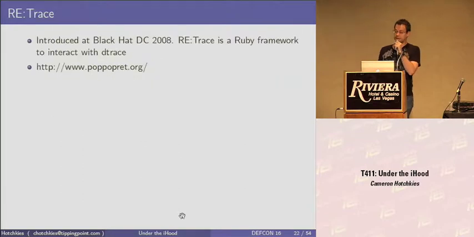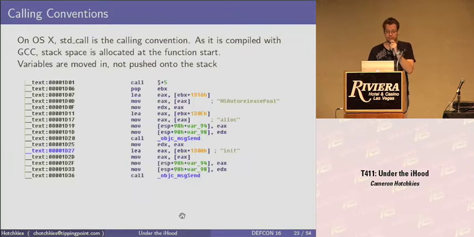End of the day, this is probably where you're going to want to go get it, poppopret.org. Retrace is a Ruby framework to interact with DTrace. I'm not going to spend a lot of time on it because you have all of their slides, and they wrote a really good white paper, so you can take a look at that after the fact. It's basically just scripting DTrace.